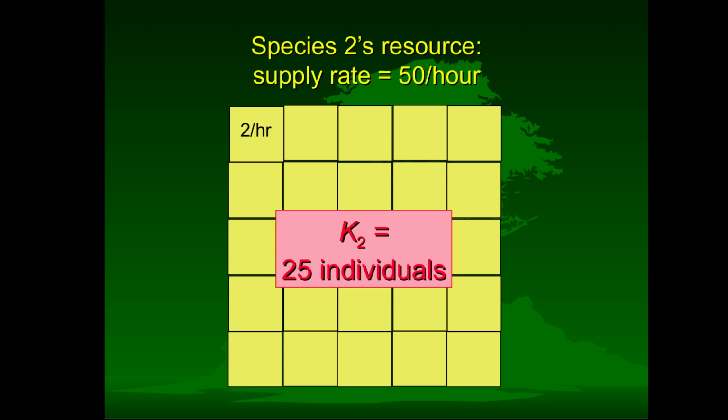Let's say one individual of species 2 must consume 2 units per hour of that resource in order to live. This means the resource can support a total of K2 equals 50 units per hour divided by 2 units per hour per individual equals 25 individuals of species 2 at potential carrying capacity.